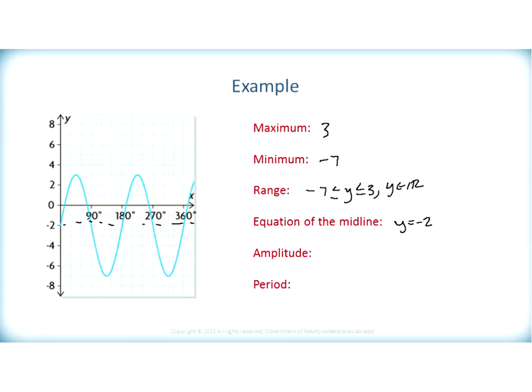The amplitude is the vertical distance from the midline to the maximum. In this case, it is 5: 1, 2, 3, 4, 5. And our period is the domain, how long it takes the domain to go from maximum to maximum, or from minimum to minimum, or double the amount of time it takes to go from max to min.